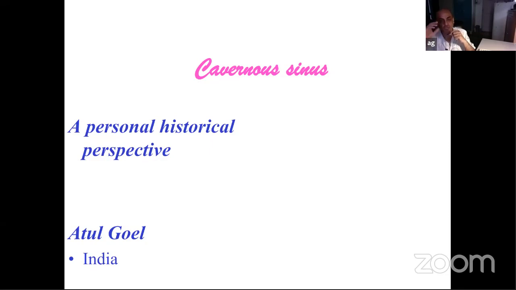35 years ago, cavernous sinus surgery was actually not there. Vinko Dolenz removed the anterior clinoid process, and he became instantly very famous. Everybody in the world wanted to do skull-base surgery at that time.